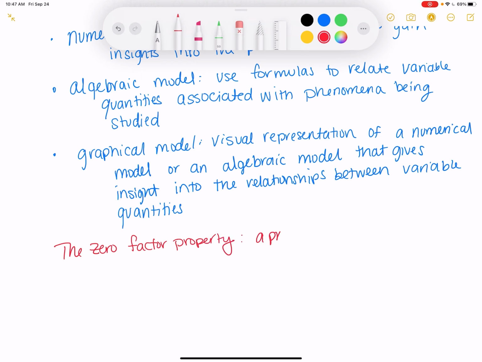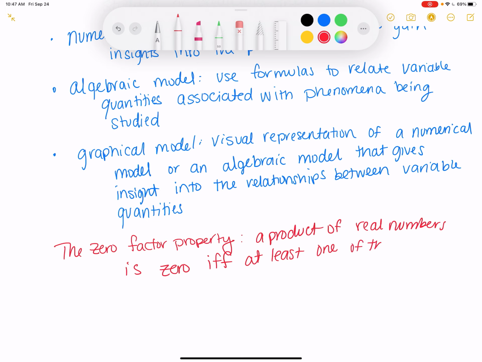It says that a product of real numbers is zero if and only if, okay, remember that's what IFF means, if and only if at least one of these factors, not functions, misread that, at least one of these factors in the product is zero.